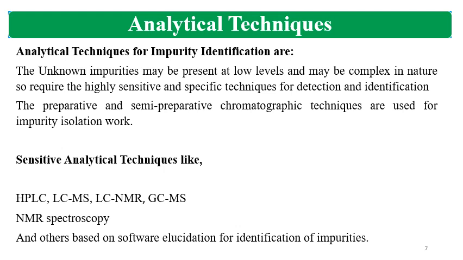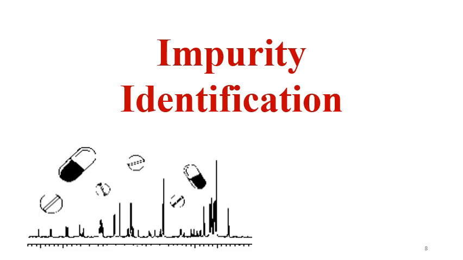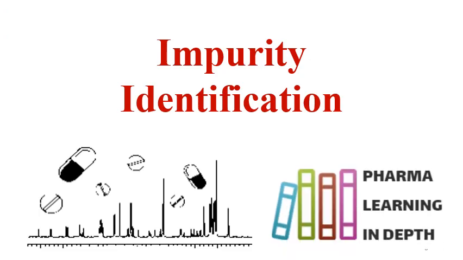The preparative and semi-preparative chromatographic techniques are used for impurity isolation, and then its characterization is done with the sensitive techniques like HPLC, LCMS, NMR, GCMS, NMR spectroscopy, and many more. Some of the time, software elucidation or software based identification of the impurities is also performed. So this is regarding the impurity identification.